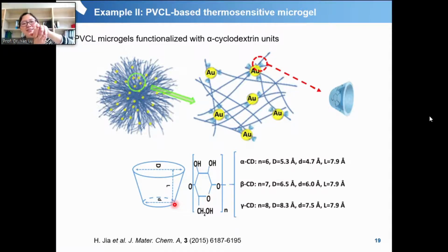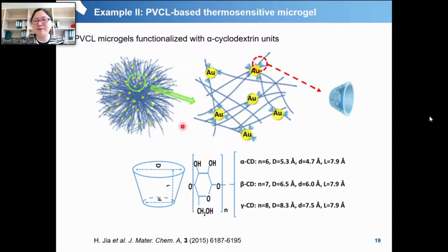Because we see they are well defined with the size here. So this is the size of this well-defined structure. So it means they have a special complexation ability with different molecules. Only molecules smaller than their size can have complexation and go into this.